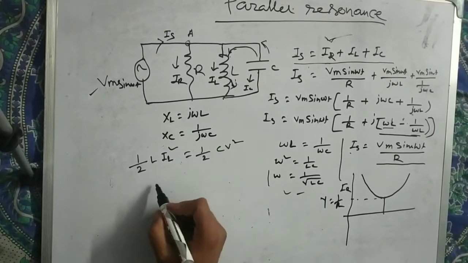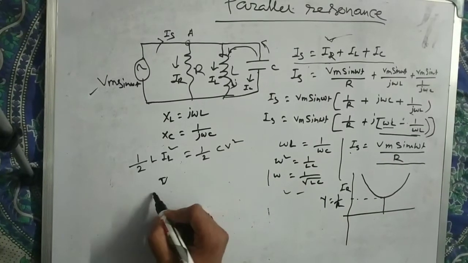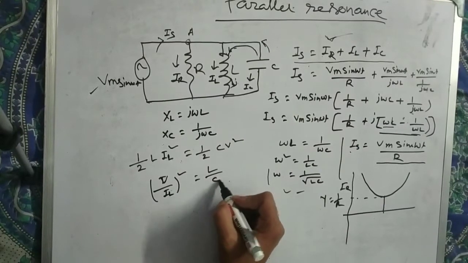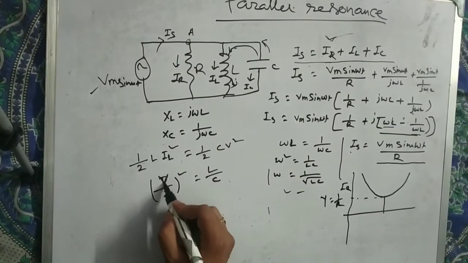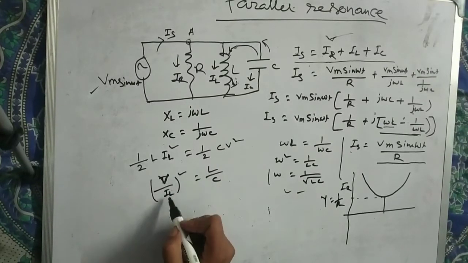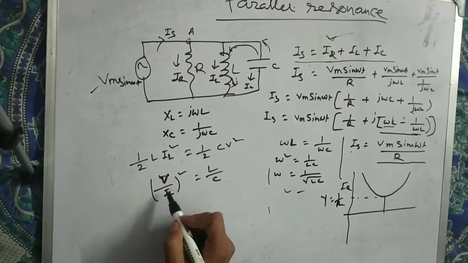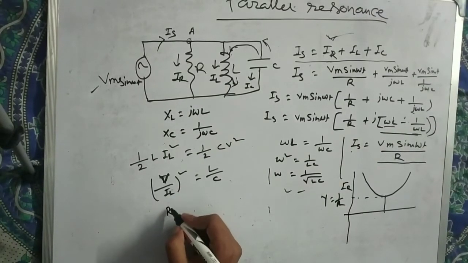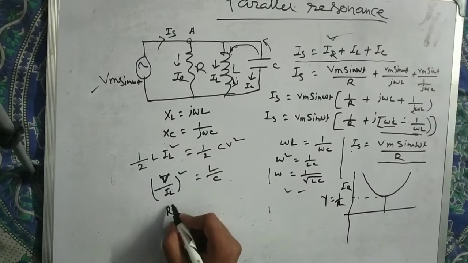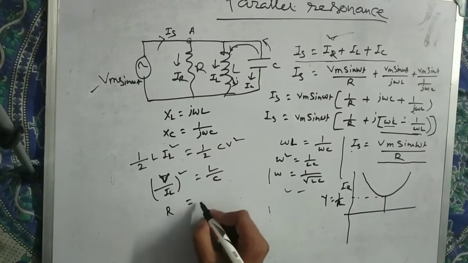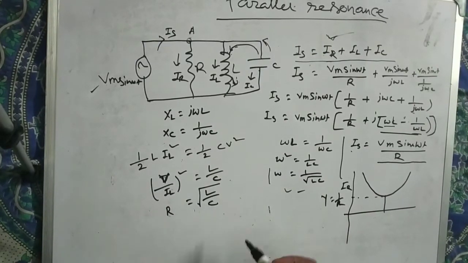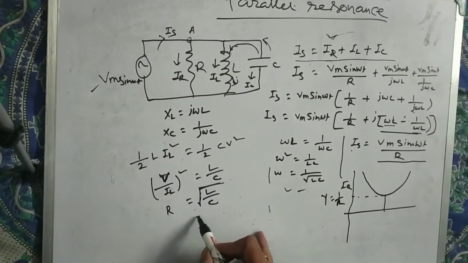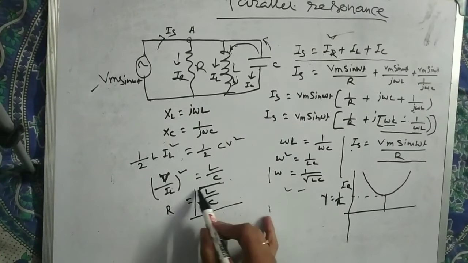So here we can write V by IL, squared, equals L by C. Voltage by current is always a resistance, so V by I equals root over L by C. You will study this L by C term in power systems. This is called characteristic impedance.